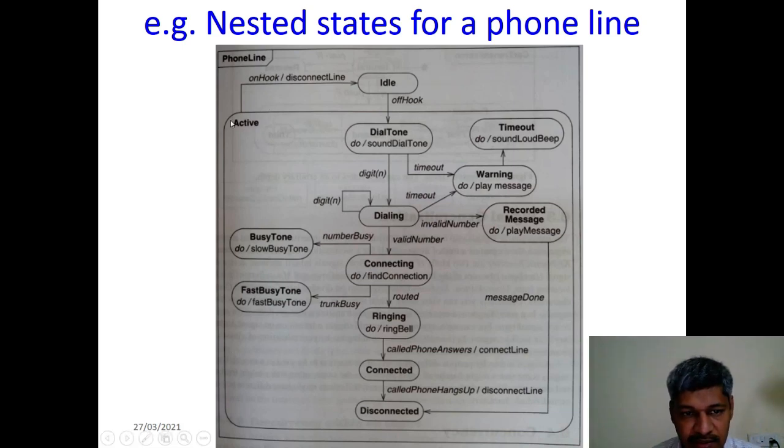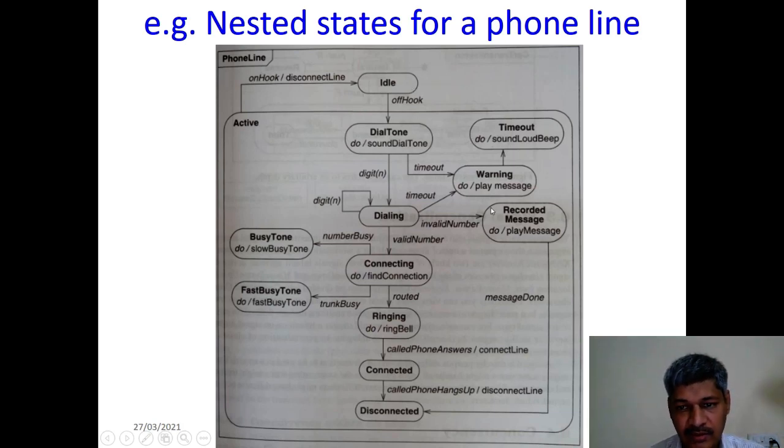Now we have another state, the active state, with a contour covering all these states, which are called nested states. They all are within this active state. Now you can put a single transition on hook, with the activity of disconnect line, and then the phone line will move towards the idle state.